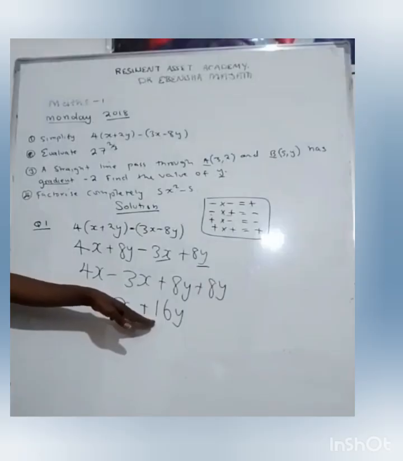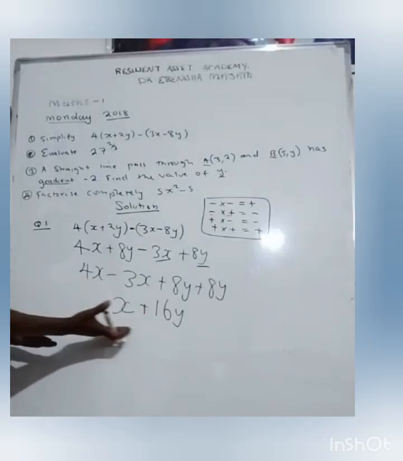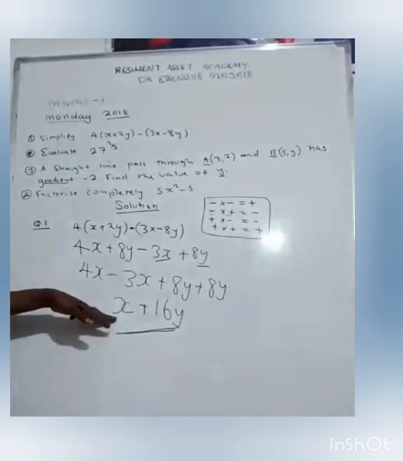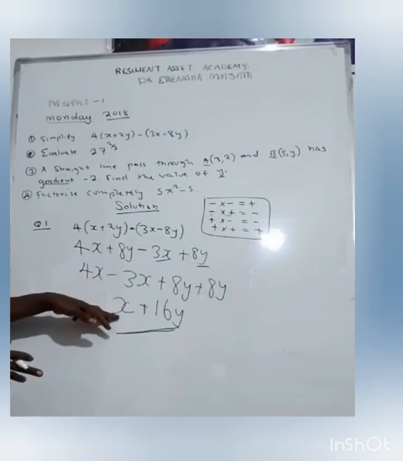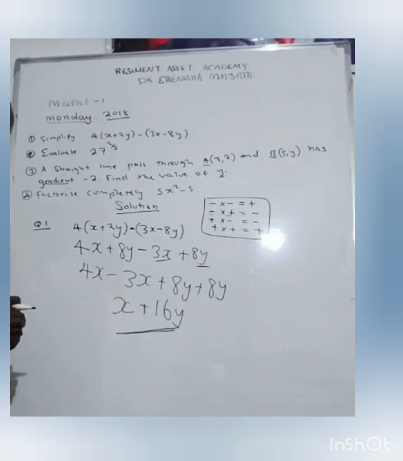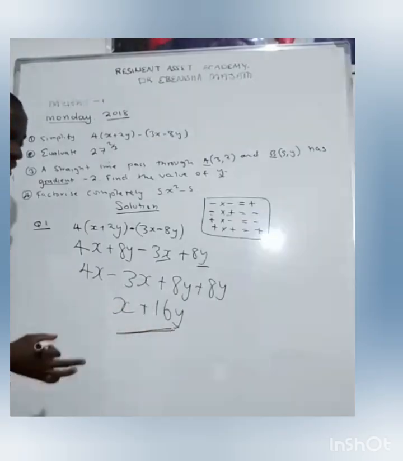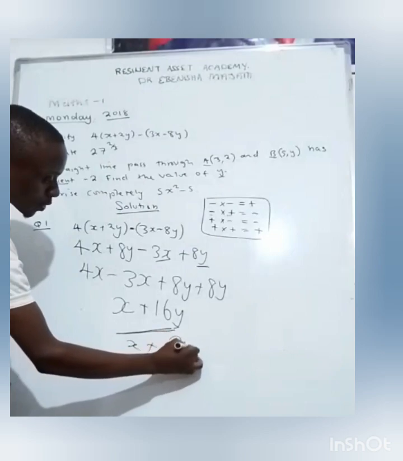This is the point where you don't have to add or subtract, because they are different. So please, when you reach this point, just end there. Don't try to add or subtract, because x is different from y. You can't add it unless it was x plus, let's say, 2x.